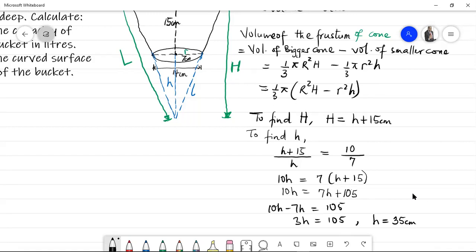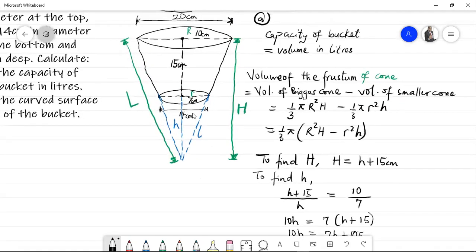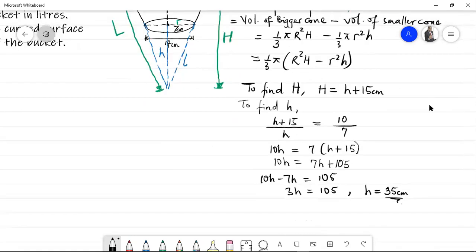Remember that the sketch we have here is just a sketch, but now you see that normally this part of the small cone should have been longer than this part, but the calculations have been able to show us that. Okay, so let's proceed.